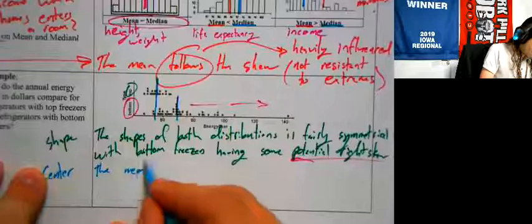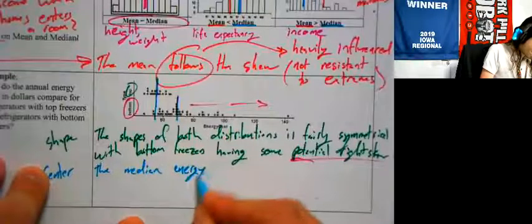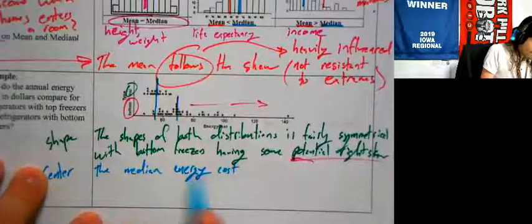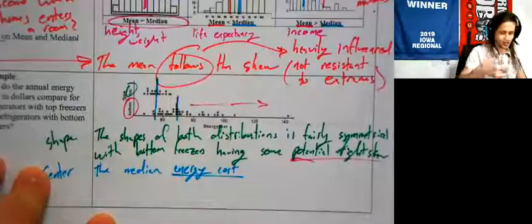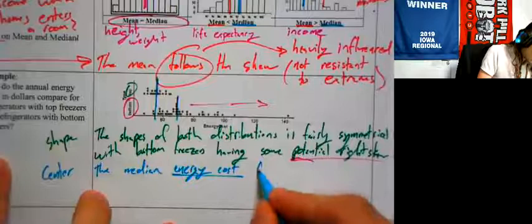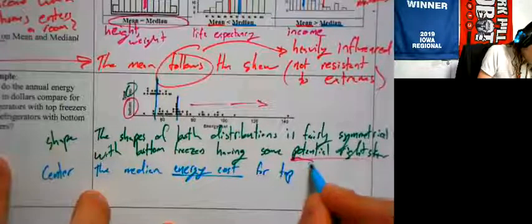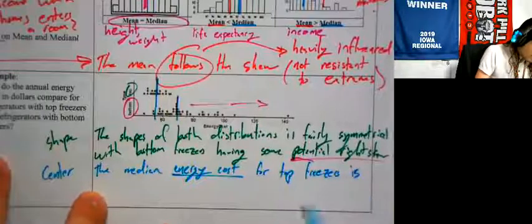The median energy cost, that's context right there. What are we talking about? Name the thing. The median energy cost for top freezers is, I don't know, what is that, 55 we said?